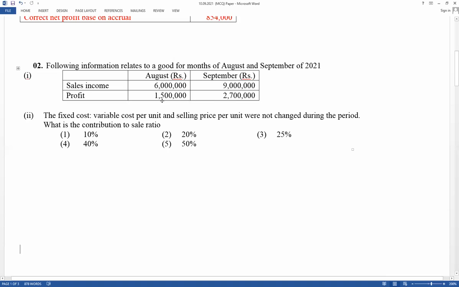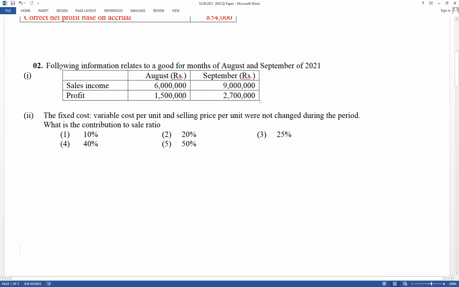Therefore, the CS ratio can be calculated as changes in profit divided by changes in selling price, which is also the same answer: contribution per unit divided by selling price equals CS ratio. When sales income changes, profit changes because of contribution.